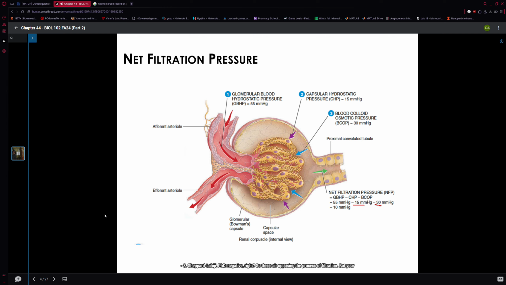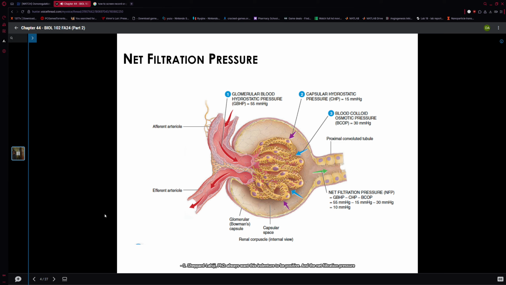These oppose filtration, but your hydrostatic pressure is positive. The calculation is the hydrostatic pressure minus the capsular hydrostatic pressure minus the osmotic pressure, and that lets us know whether or not filtration can occur. You always want this integer to be positive.